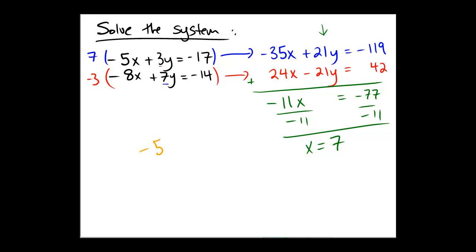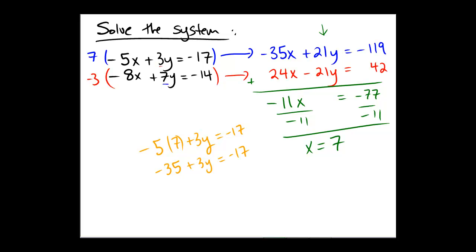So I get negative 5x, but x was 7 like we figured out, plus 3y equals negative 17. Negative 5 times 7 is negative 35, plus 3y equals negative 17.